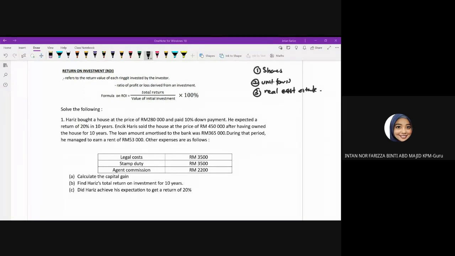But the lowest liquidity level is real estate. What does that mean? Some people buy more than one property, maybe 2 or 3 houses, and they want to sell and mark up the price to get a profit. But with this economic situation, the economy is not so good.